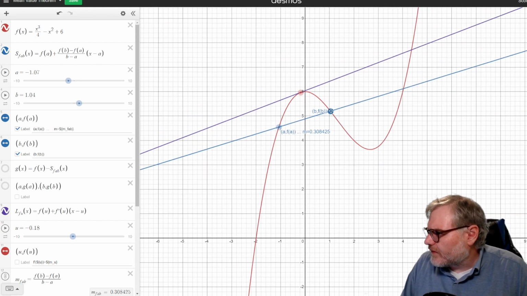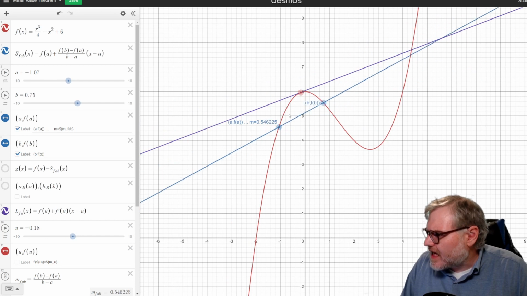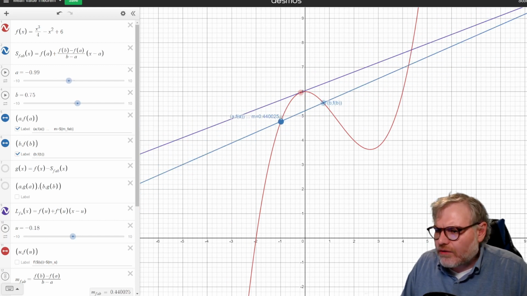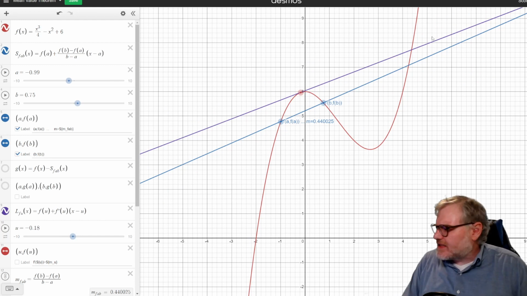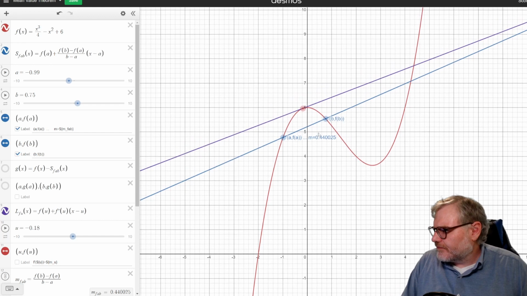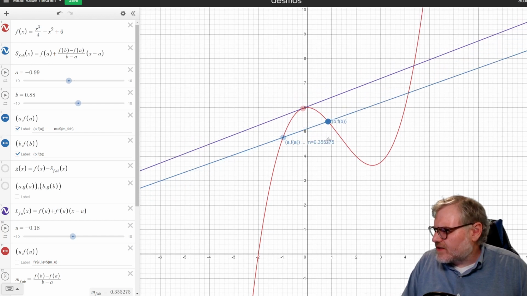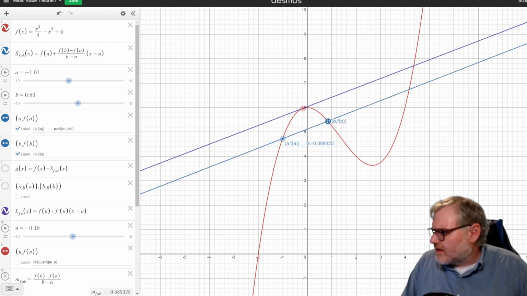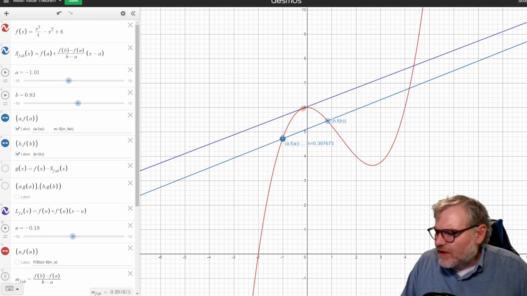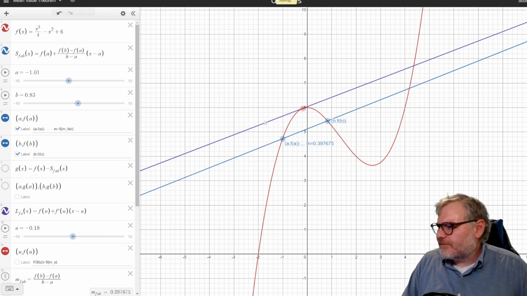But here, the secant lines run below. That means that this section of the graph is concave down, because the secant lines run below, and the tangent lines run above.